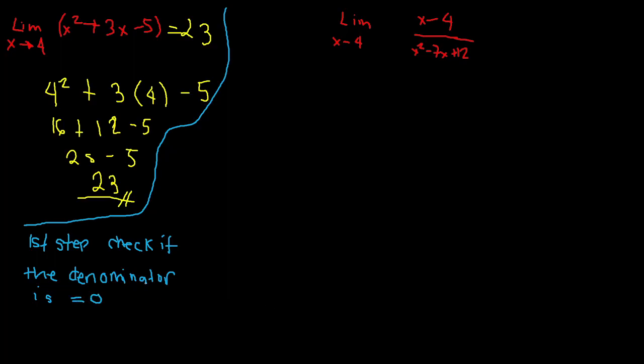Okay, so first step is to check if the denominator is equal to 0. Kapag yung denominator natin is equal to 0, then we will do a factoring. Most cases ay factoring yung kanilang ginagawa, but there are cases naman na hindi factoring.